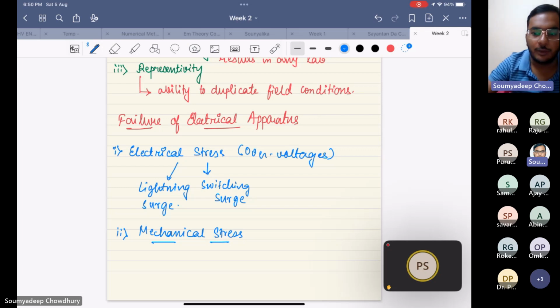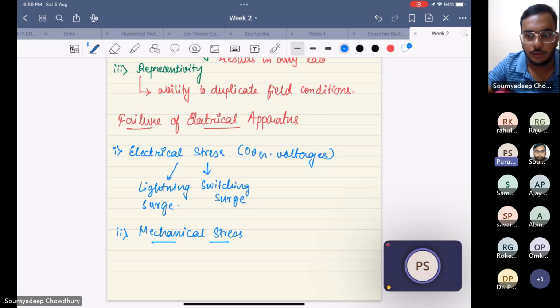One is type test, then we have sample test, and then routine tests. All these will come under different categories, which I'll discuss later, in the next lecture, I think. Okay, sir. Your voice is not audible, Mr. Purushottam. Okay, sir. Okay, thank you, sir. Understood. Okay, thank you.